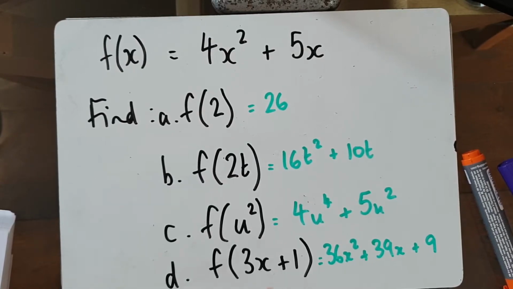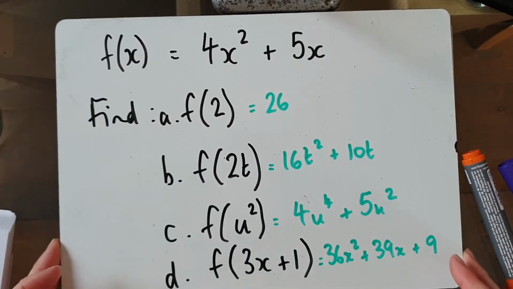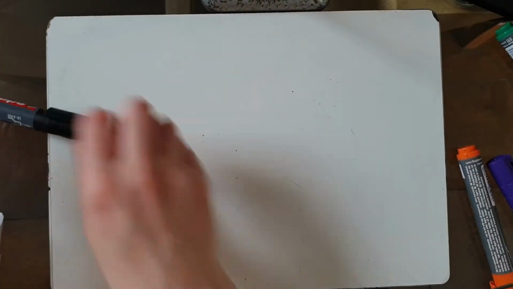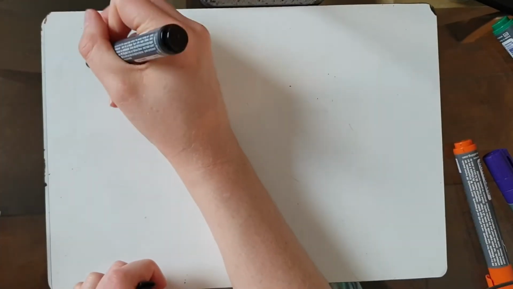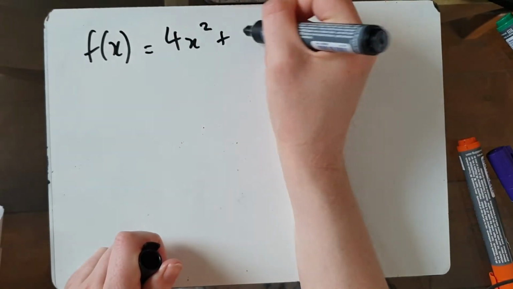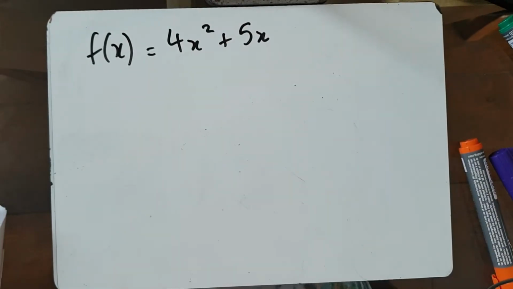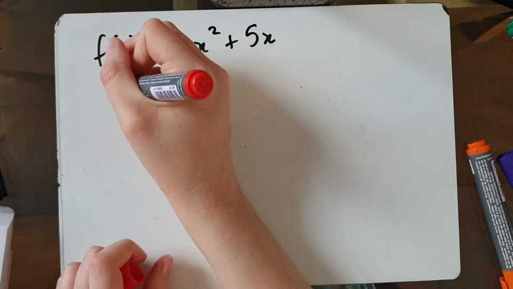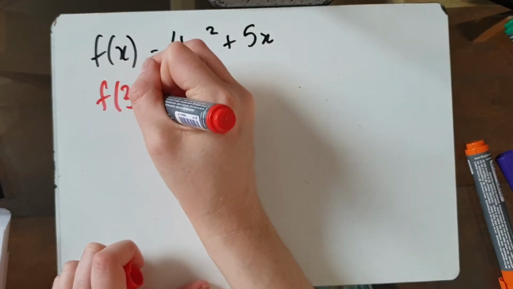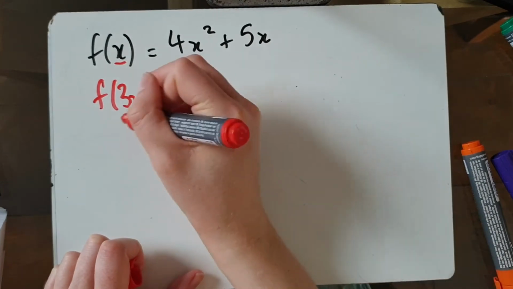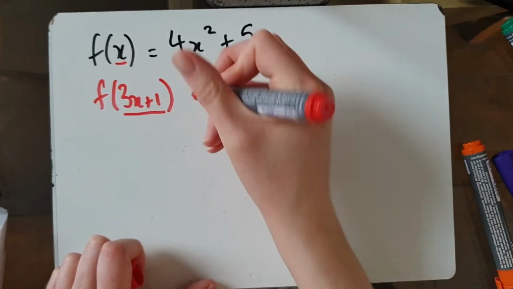I'm going to just go through this last one. So f of x was 4x squared plus 5x, and we wanted to find f of 3x plus 1. That means wherever there was x before, we're now putting 3x plus 1.